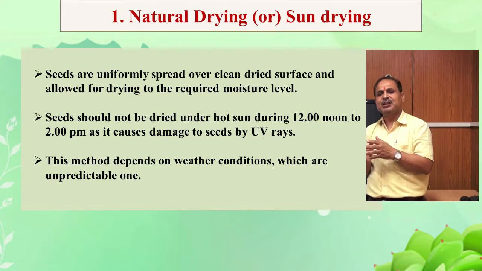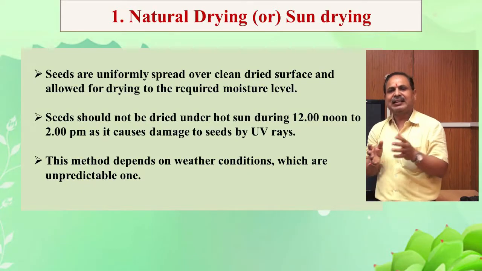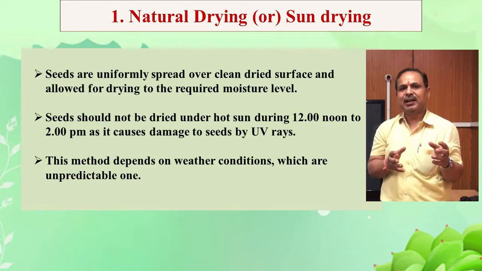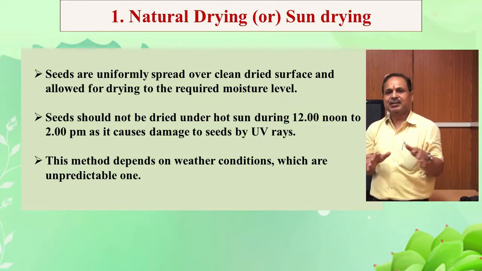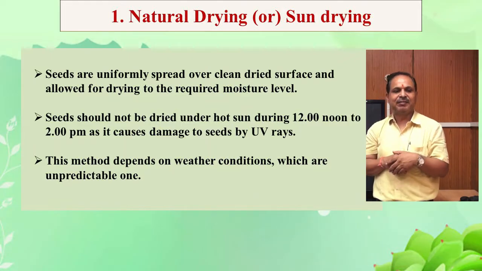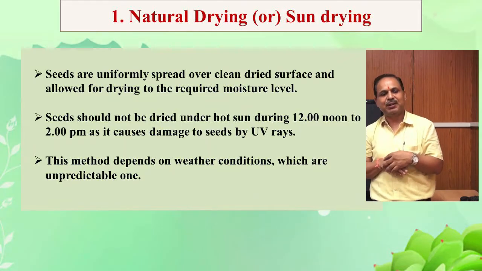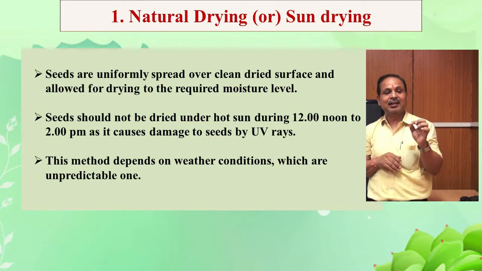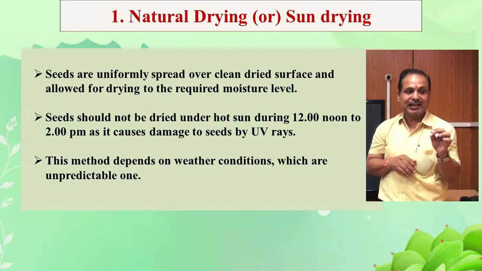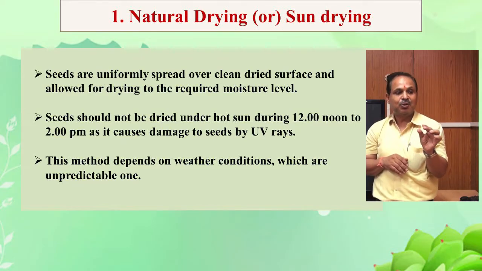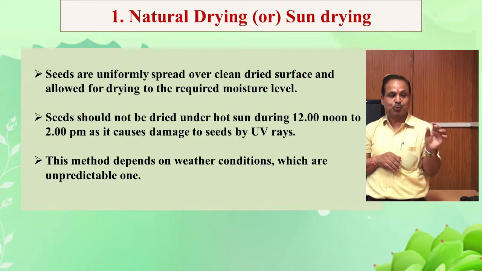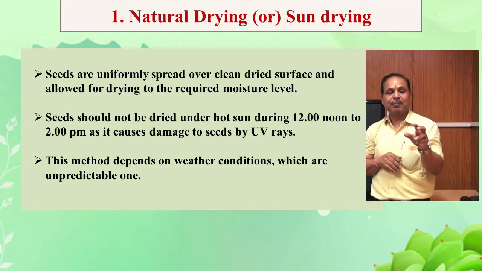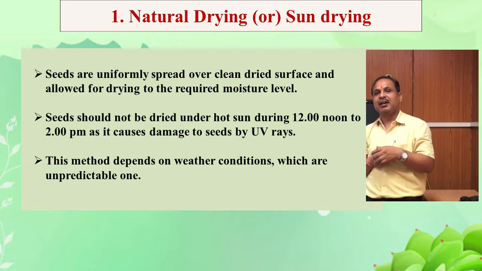In this method, seeds are uniformly spread on a clean, dry surface and allowed to dry to the required moisture content. The surface must be clean. One thing must be remembered: drying is not done from 12 noon to 2 p.m., because it damages the viability, the embryo of the seeds, due to the ultraviolet rays.